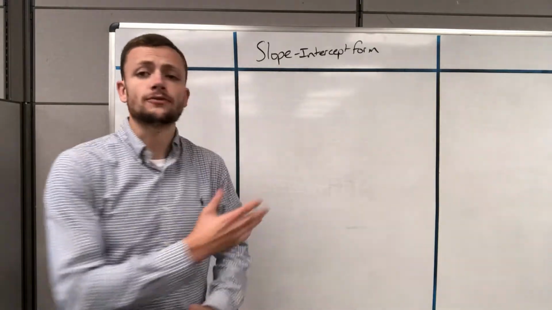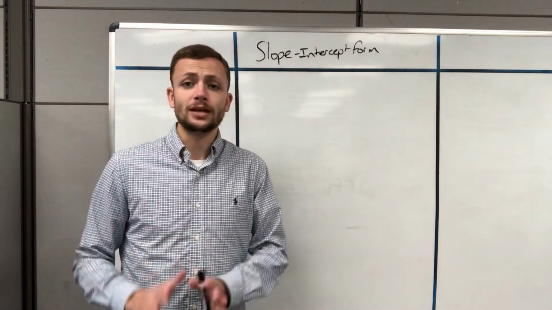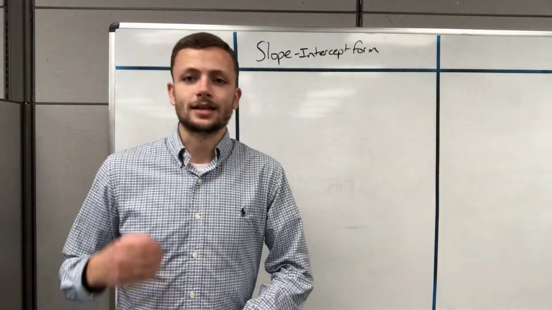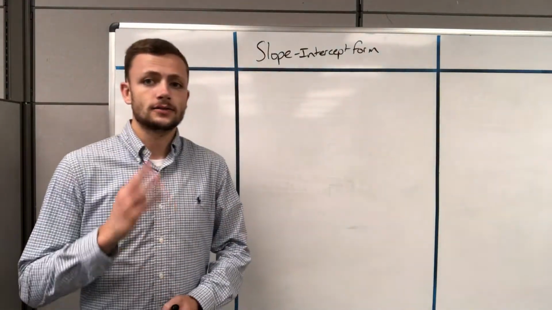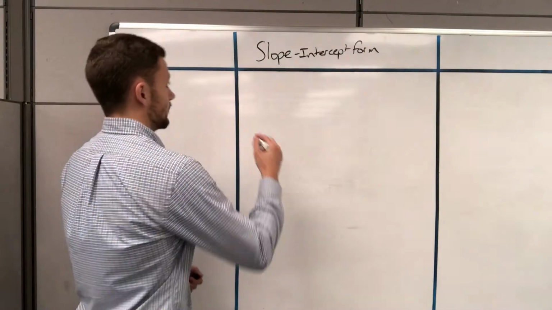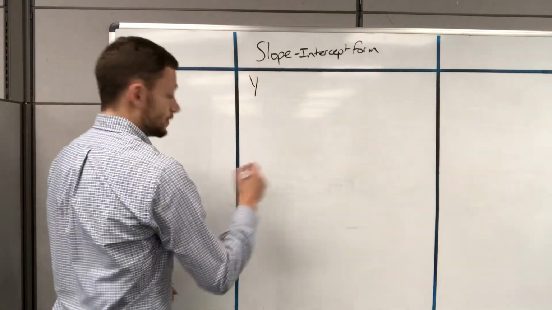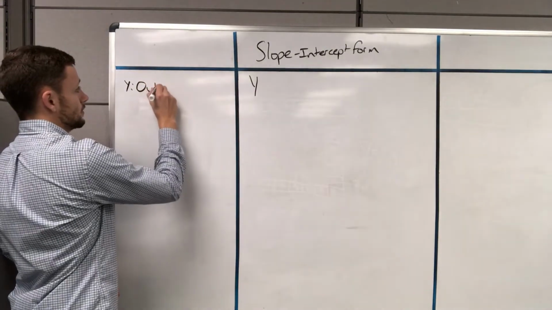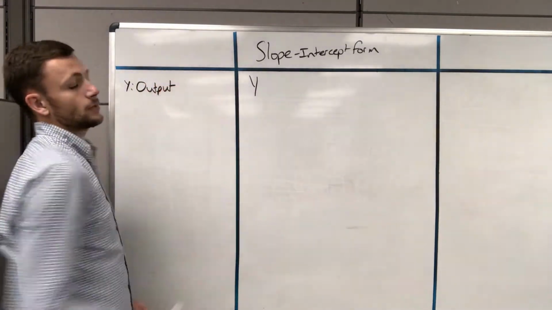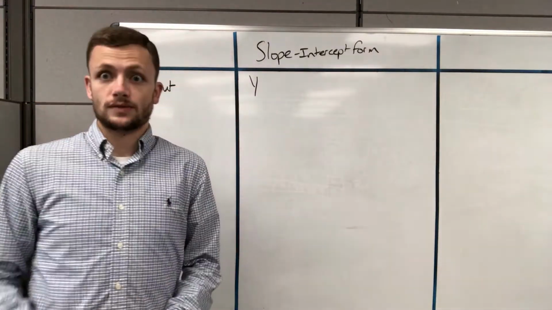So slope-intercept form is like a standard equation for a line where you've got 4 things. You have y, which is your output. So in the context of the problem that we dealt with on Tuesday, that was our number of tiles.